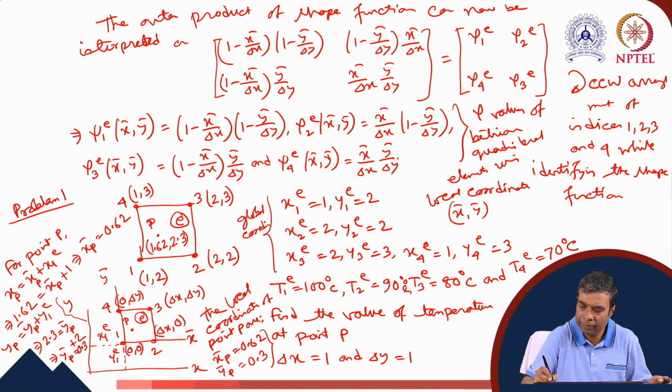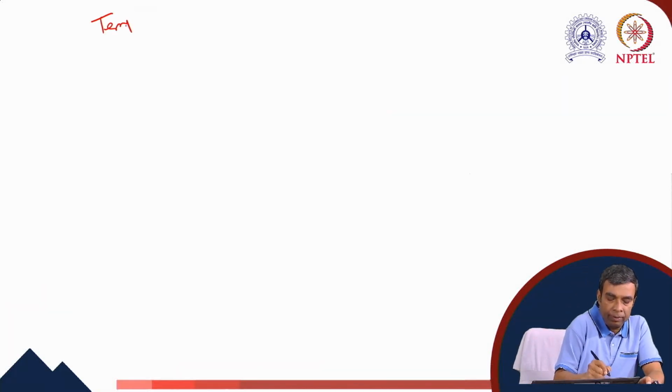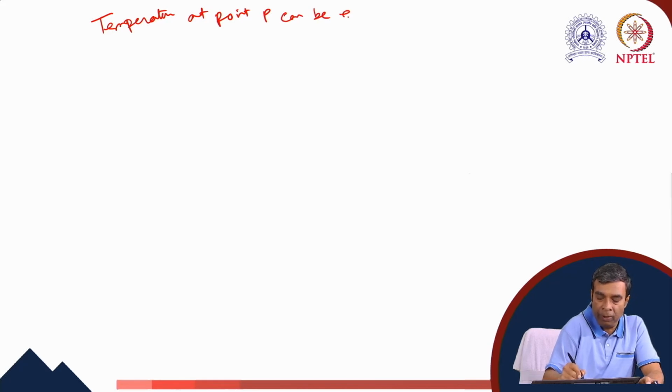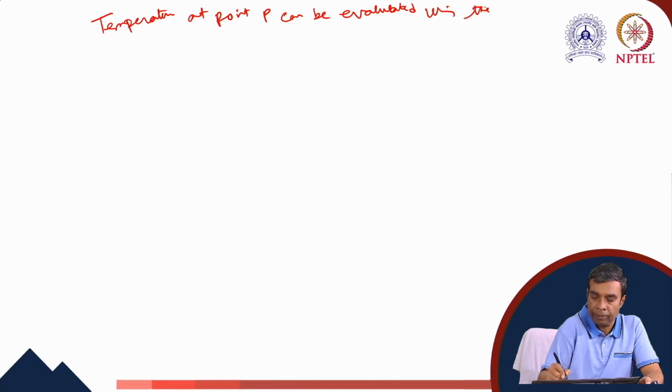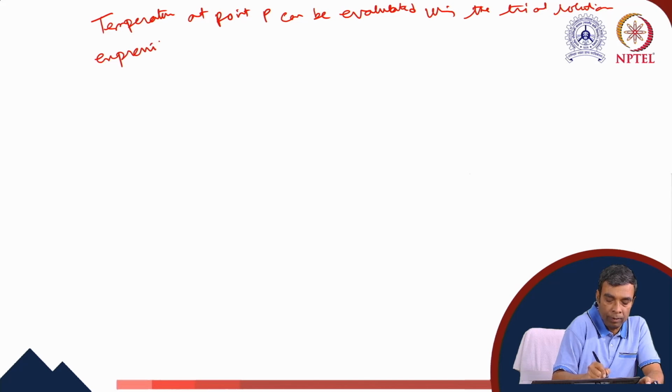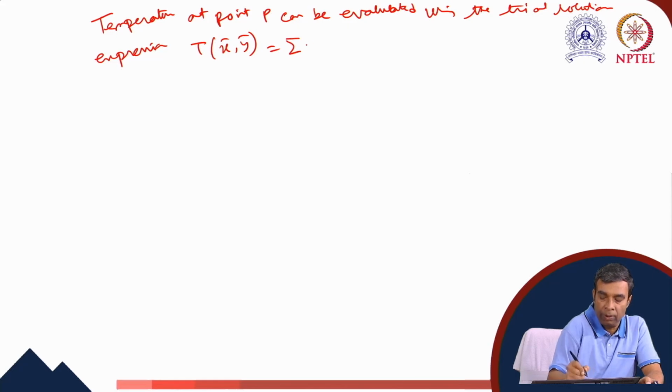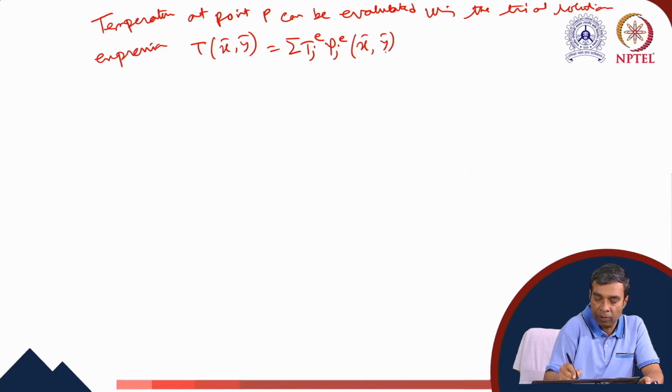Small correction here. This is certainly CW. Temperature at point P can be evaluated using the trial solution expression. T at x bar y bar equals the summation of TJE psi JE at x bar y bar.